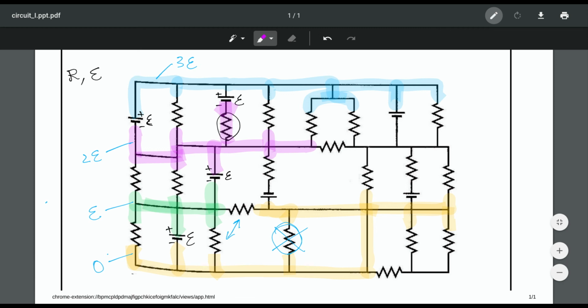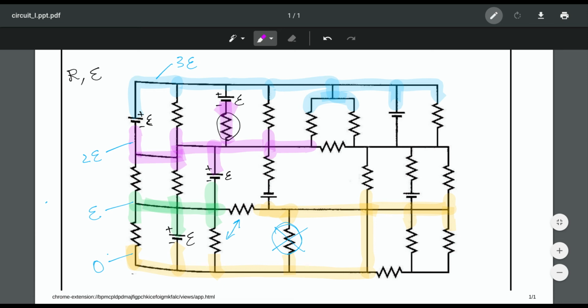That resistor doesn't have any potential difference across it, so there will be no current going through it. If there's no current, the potential value isn't changing. It doesn't mean the potential value is zero. It means the potential isn't changing, which means there's no electric field in there.